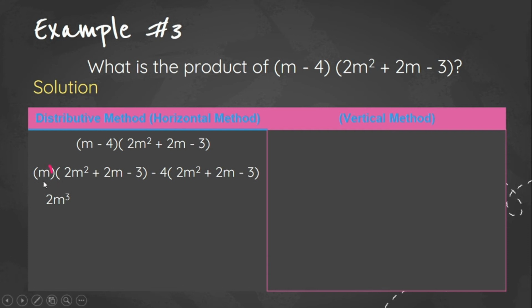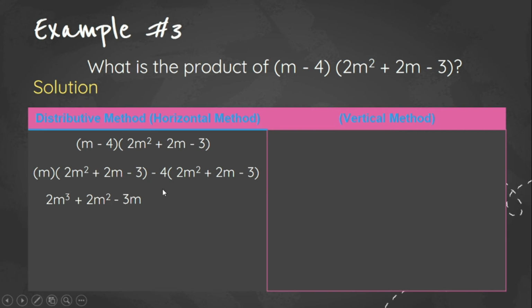Product law of exponent: m raised to 1 times m raised to 2, we just need to add the exponents. That will give us 3. Okay? Plus, m times 2m. That is 2m squared. The numerical coefficients are 2 and 1, so that's 2. M times m is m squared. There's a 1 there and a 1 there, add, so that is 2. Next, m times negative 3, that is negative 3m.